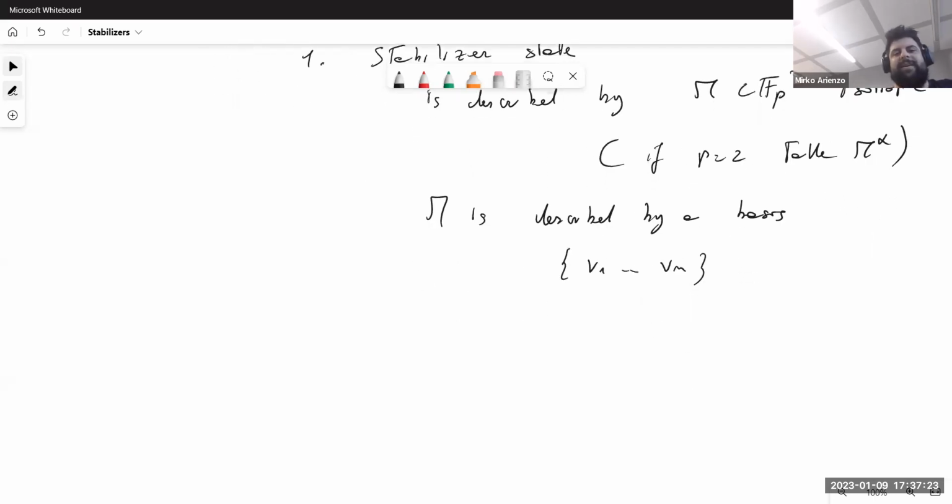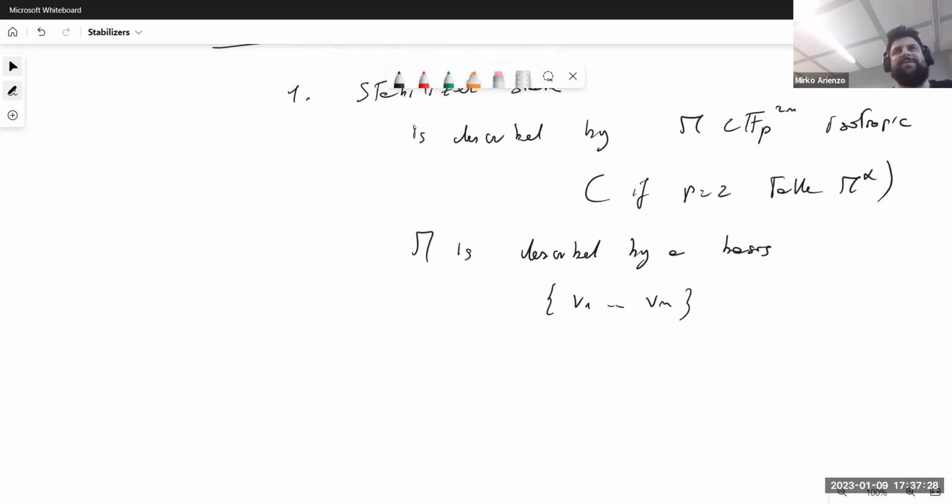So yeah, I think it is easy to see why it's easy to simulate. Basically, the first point would be transformations under Clifford.